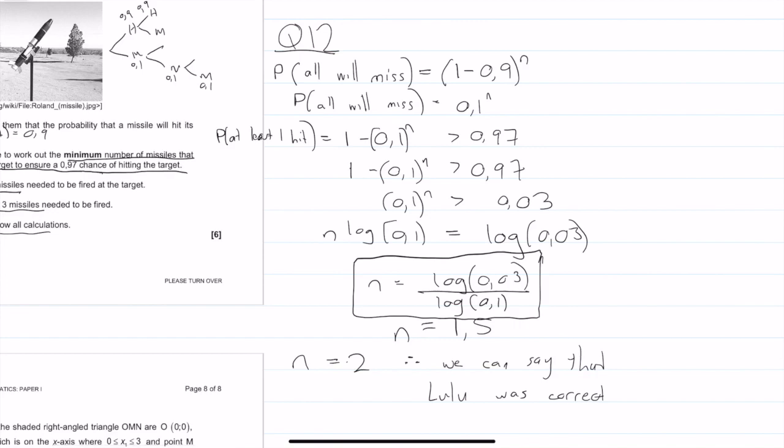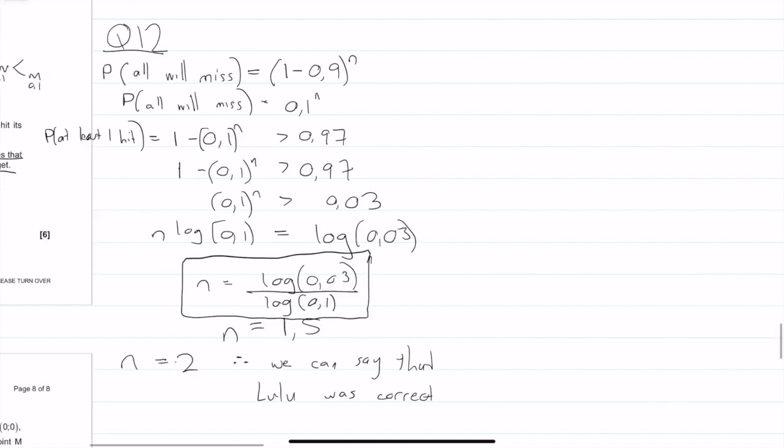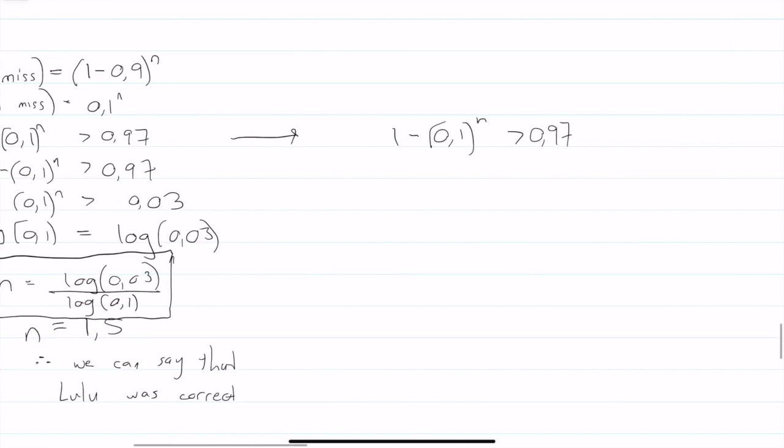I did say that there's more than one way to do this, so what I'm going to do is show you the second way. We still get to this point where we say that 1 minus 0.1 to the n must be greater than 0.97. The question now is, is this criteria satisfied?